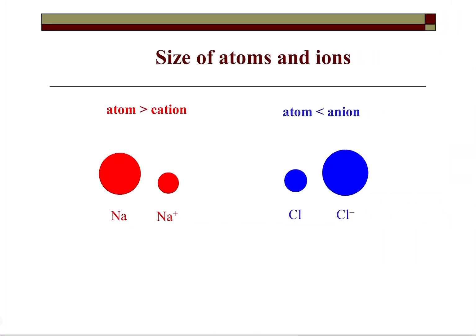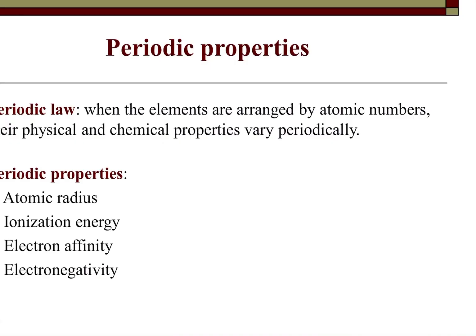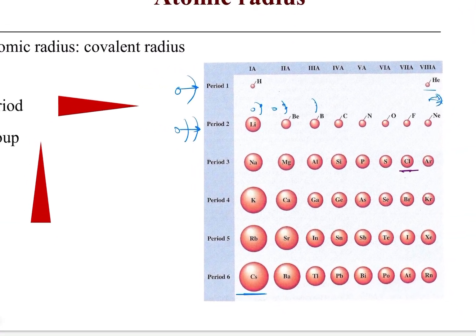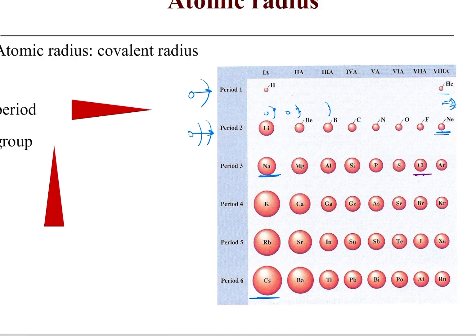But another important thing is atoms with cations. For example, sodium, with the loss of 1 electron, becomes a cation, and it takes the electron configuration of the noble gas before it.